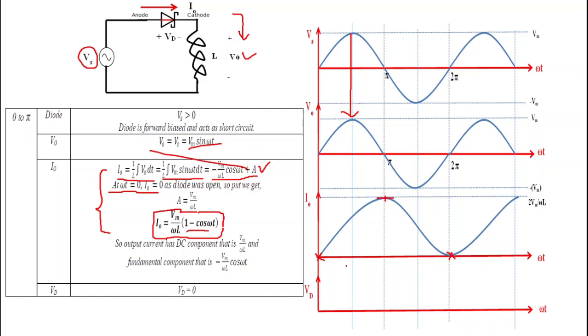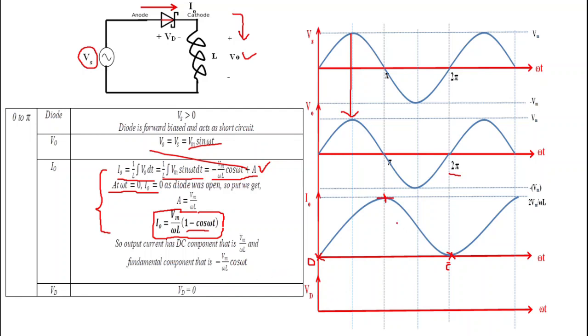So this is the waveform of the output current. We can clearly see here that this output current is positive from 0 to 2 pi. So this is important. Now you must remember 2 points regarding this output current.